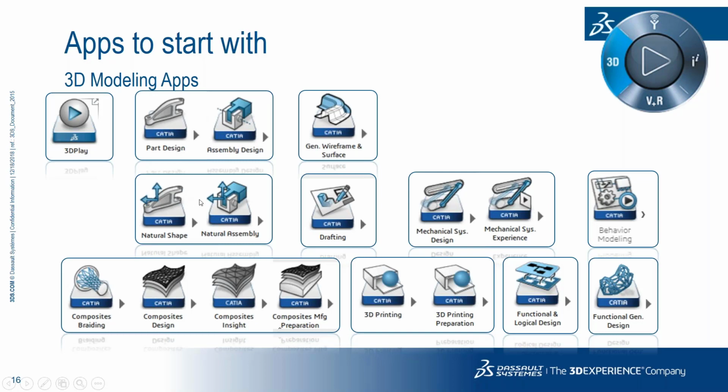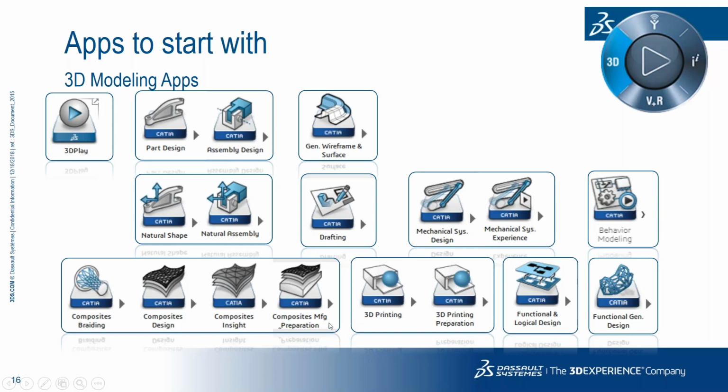So you can switch between the different apps, and we're going to do a specific webinar on that. Generative and wireframe surface is for surface modeling. Drafting, when you have to do drawing, and if you have some mechanism that you need to model, mechanical system design and mechanical system experience are the ones to use. Behavior modeling is to resolve differential equations. I'm going to come to that in a few minutes.